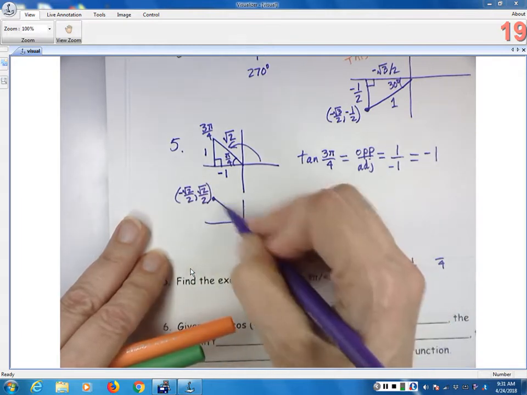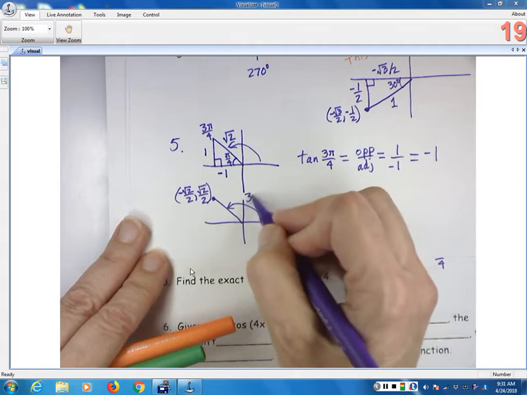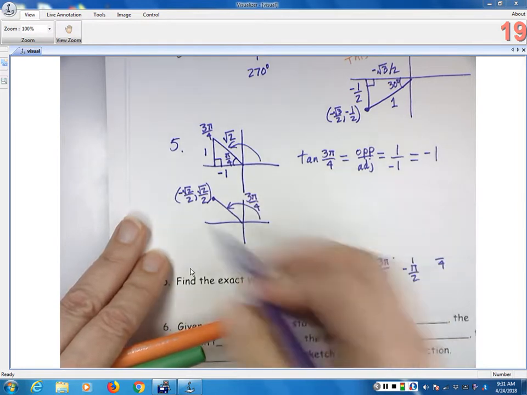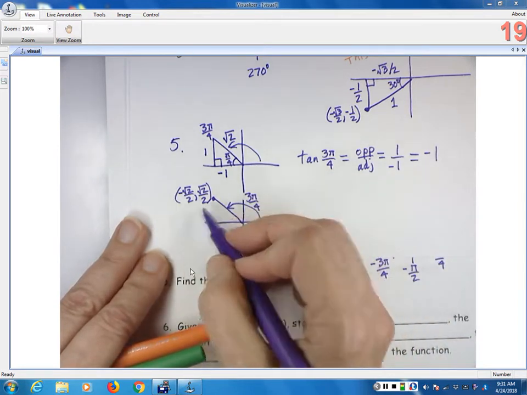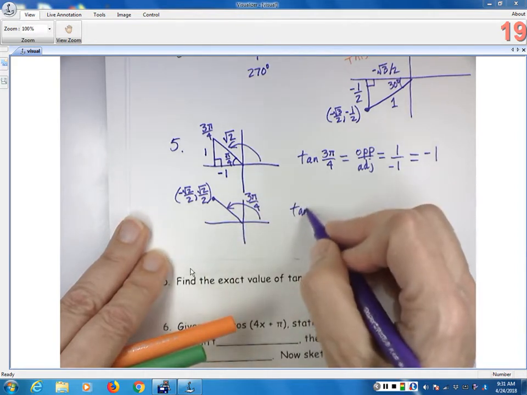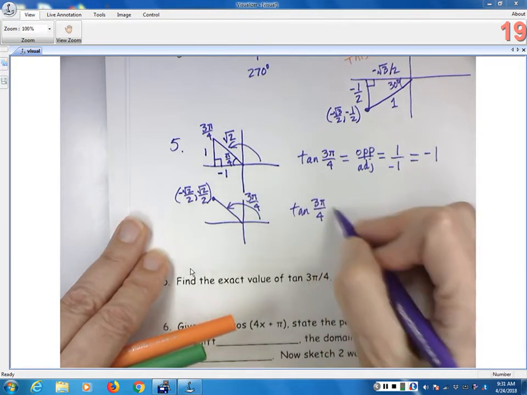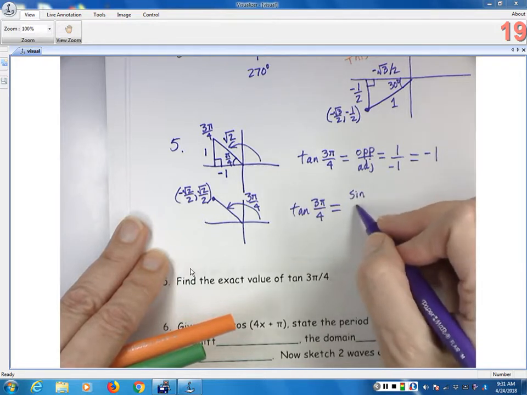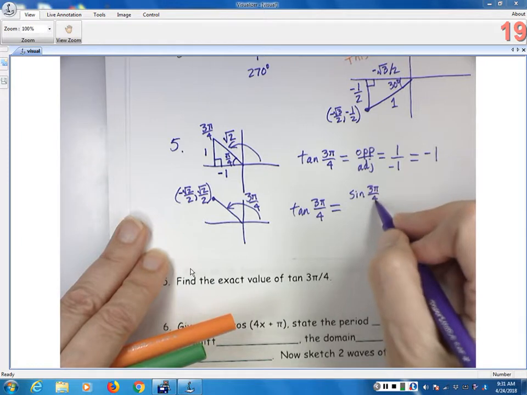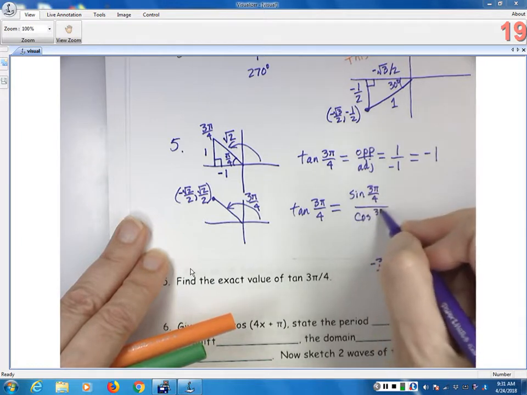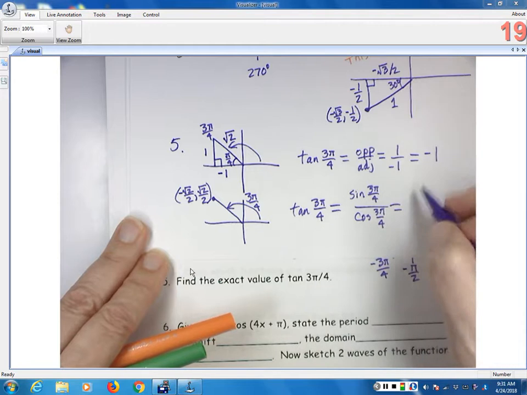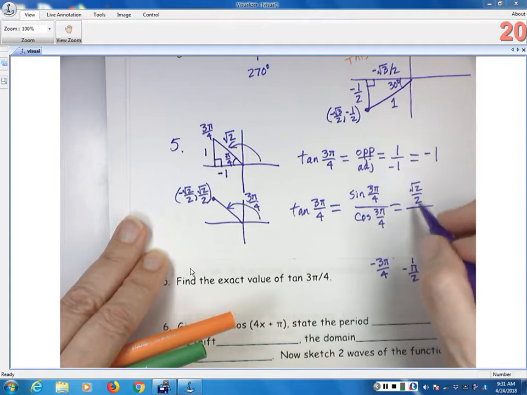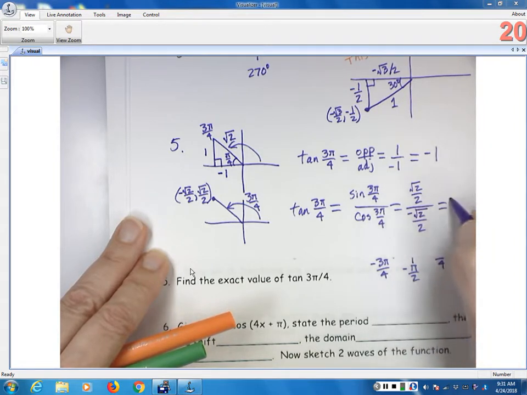So this is 3 pi over 4. So if you're going to do that, this is cosine and sine, so tangent of 3 pi over 4 is sine, right, of 3 pi over 4 over cosine. And sine is square root of 2 over 2 and this is negative square root of 2 over 2, and you get negative 1.